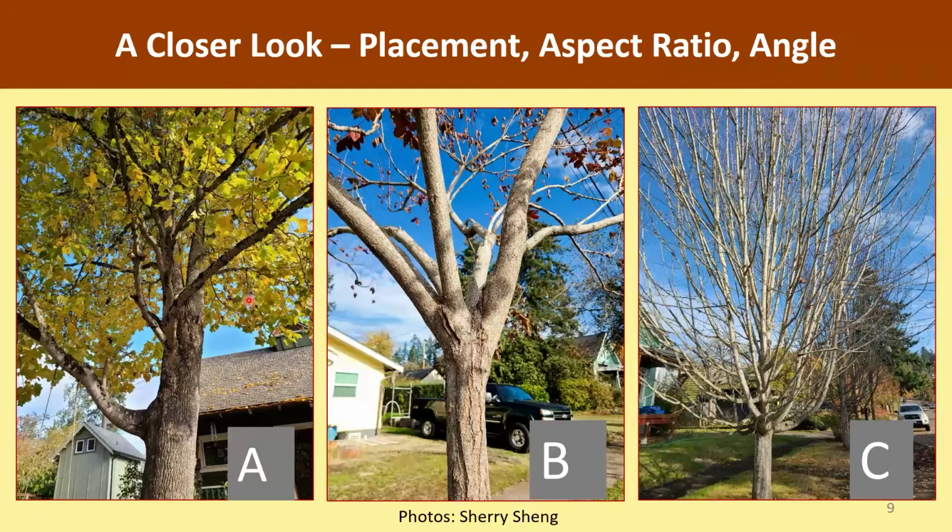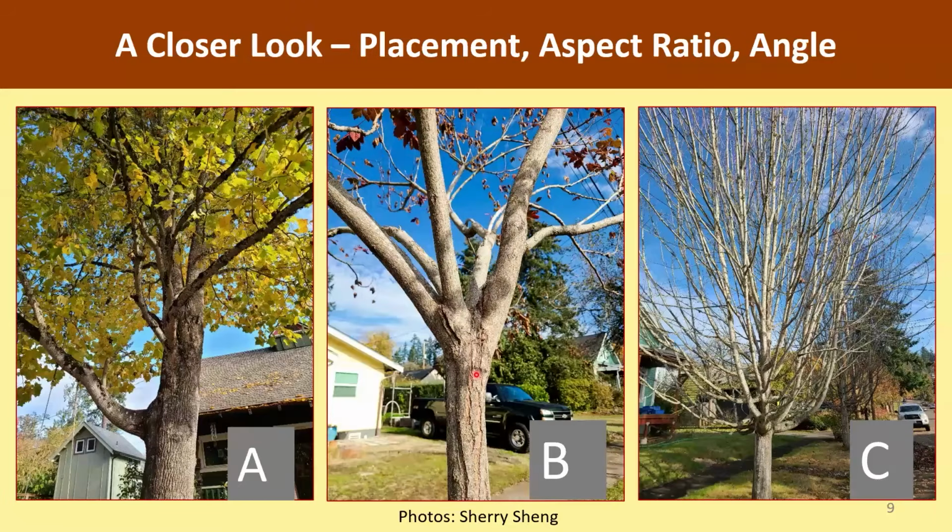What about the branch angle? Well, they look pretty good. And the aspect ratio, small branch, large trunk. So down below where we can see, all good. But watch where the red pointer is. You can see a V, and it seems those 2 branches are about the same size. So we may have a co-dominant situation that needs to be addressed.